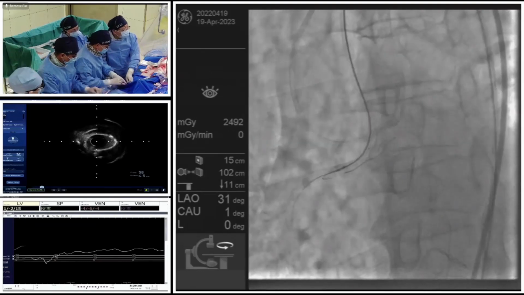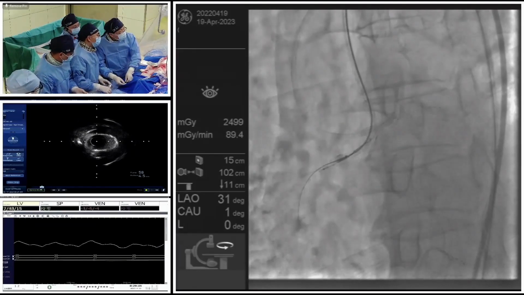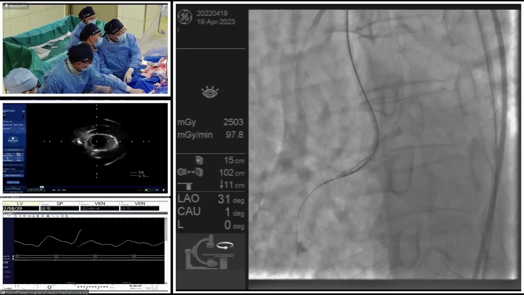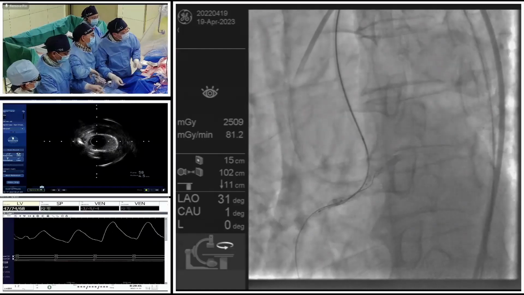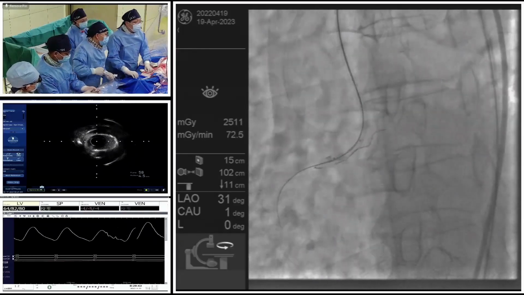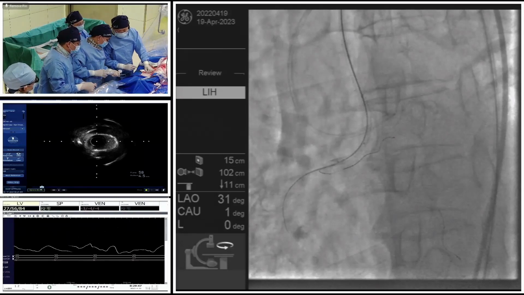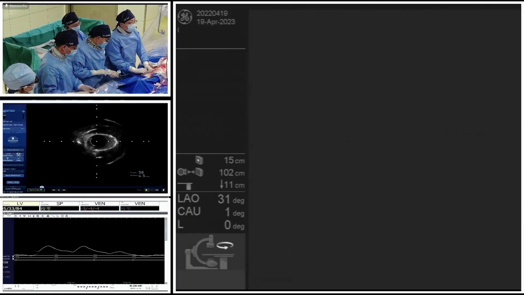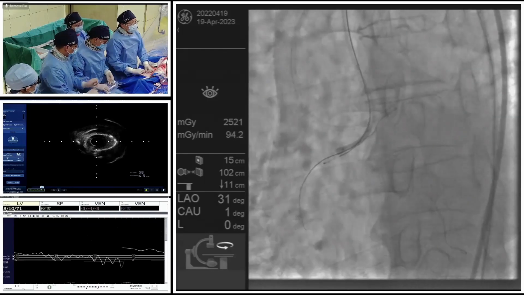So I think what we can learn from this case is how to make full use of the CT angiography. And to show the audience the software we made by ourselves, how to make the 3D reconstruction of the CT imaging.